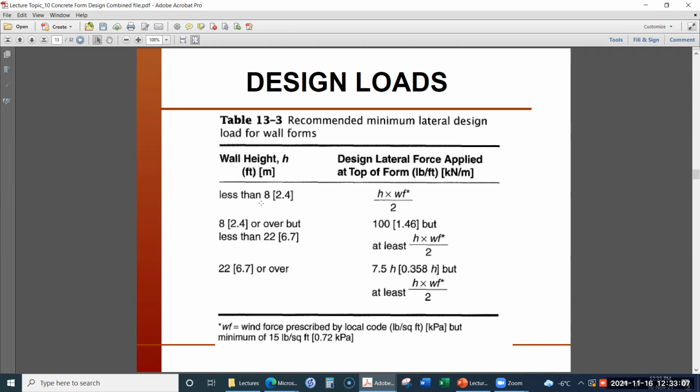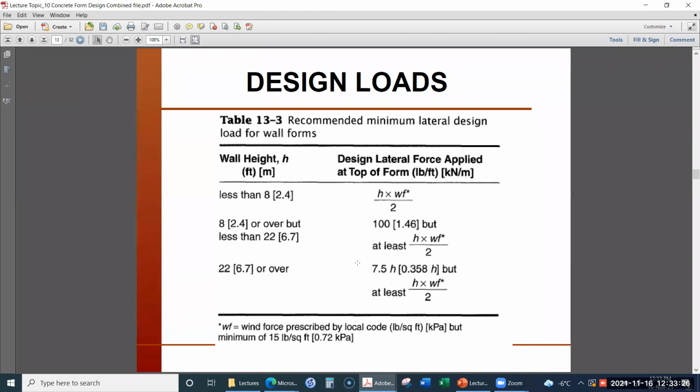So it depends on the height of the wall. For example, if the height of the wall is less than 2.4 meter, then the design lateral force applied at the top of the form should be H times WF over 2.